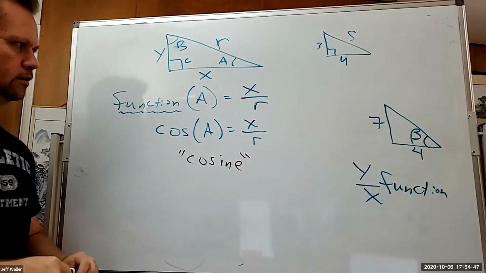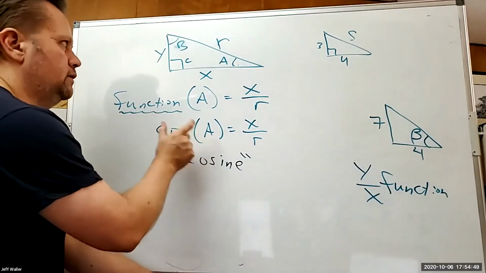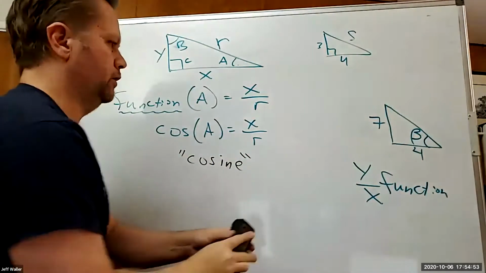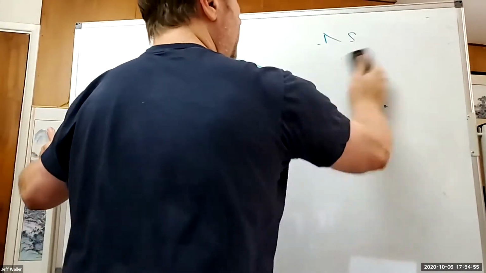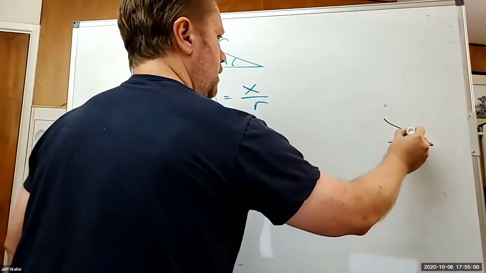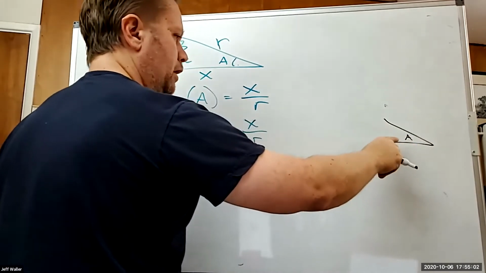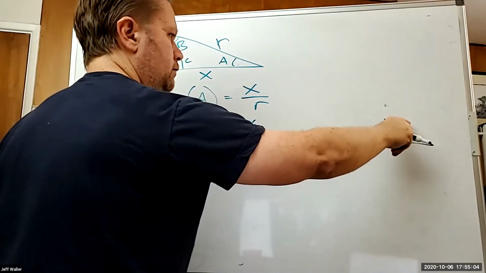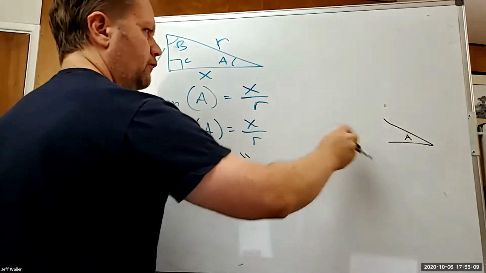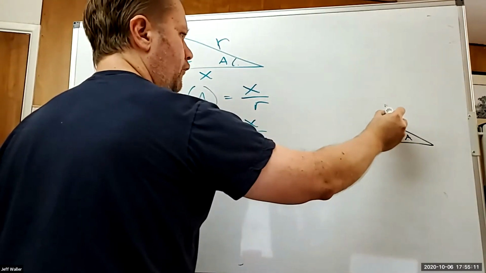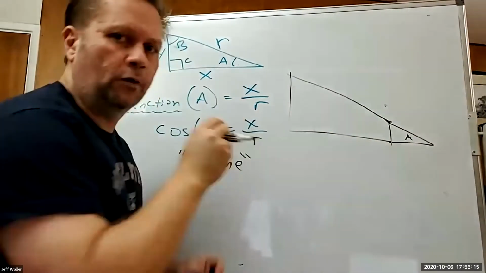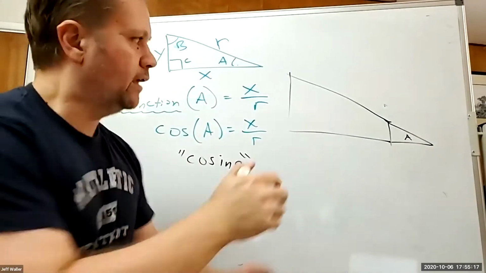All right. All this function does is, for a given angle, and I really want you guys to get this, if somebody just gives me an angle A, and I say it's the ratio of the x side to the r side, well then, how far could these go if I've just been given A? They can go forever. They could go just to right here. And like we just figured out, it doesn't matter.